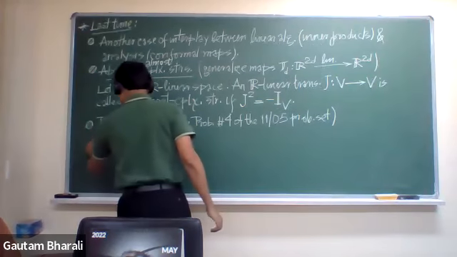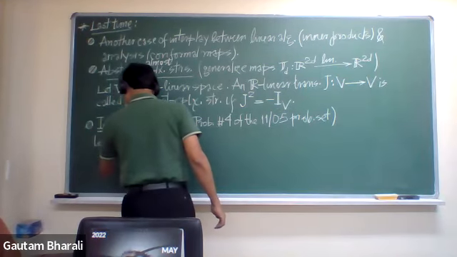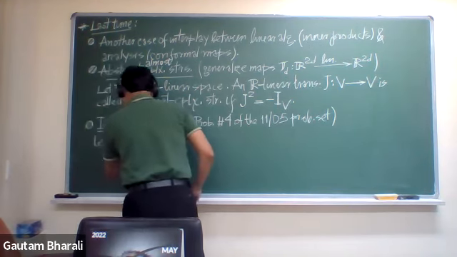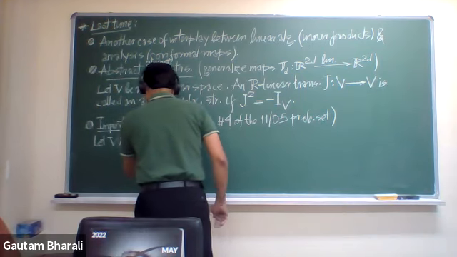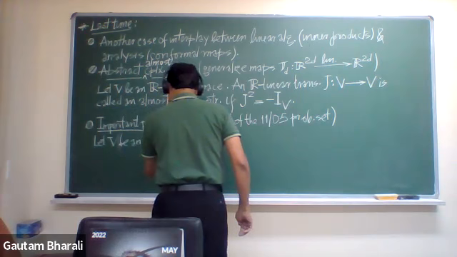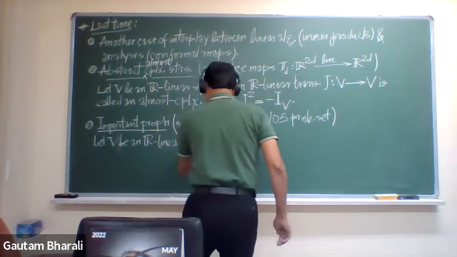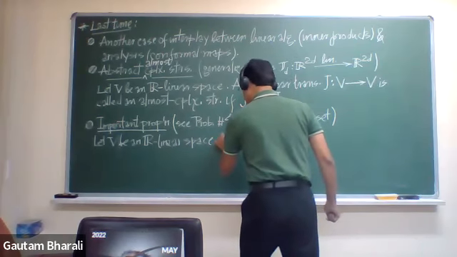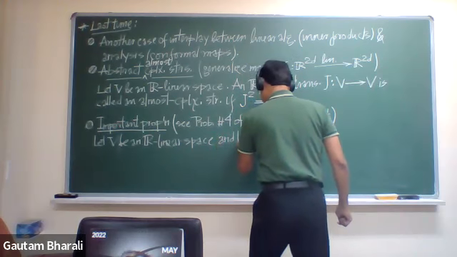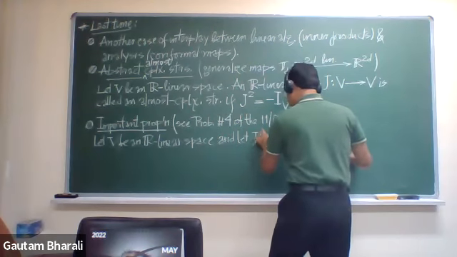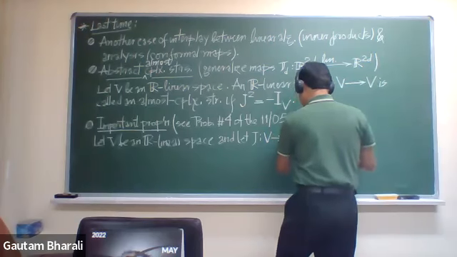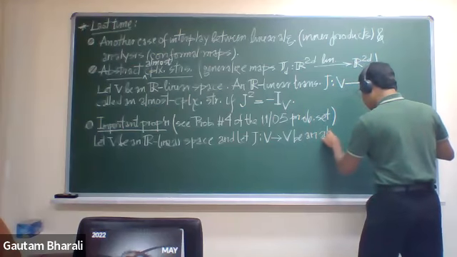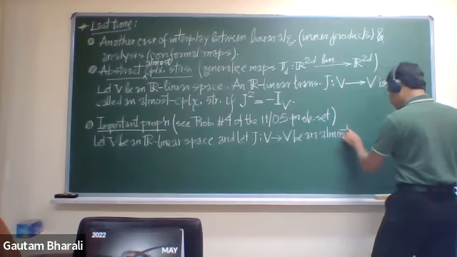So we have: let V be an R linear space and let J from V to itself be an almost complex structure.